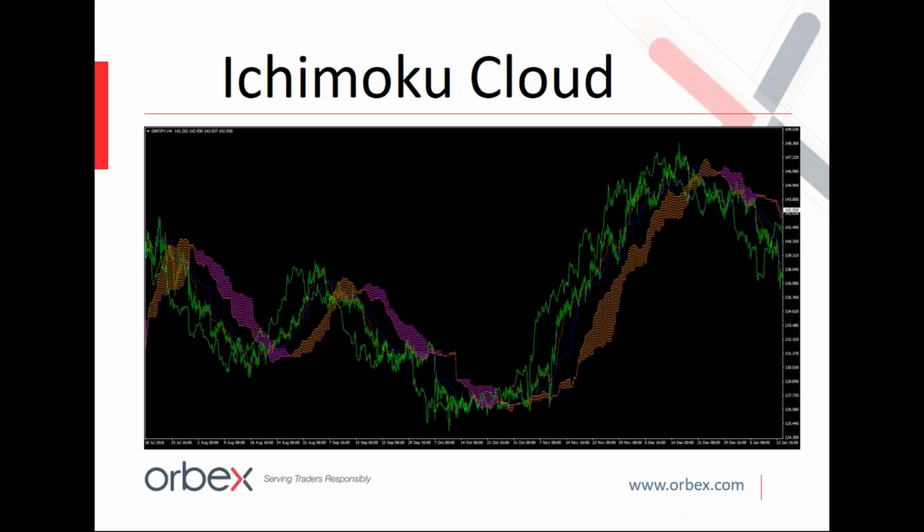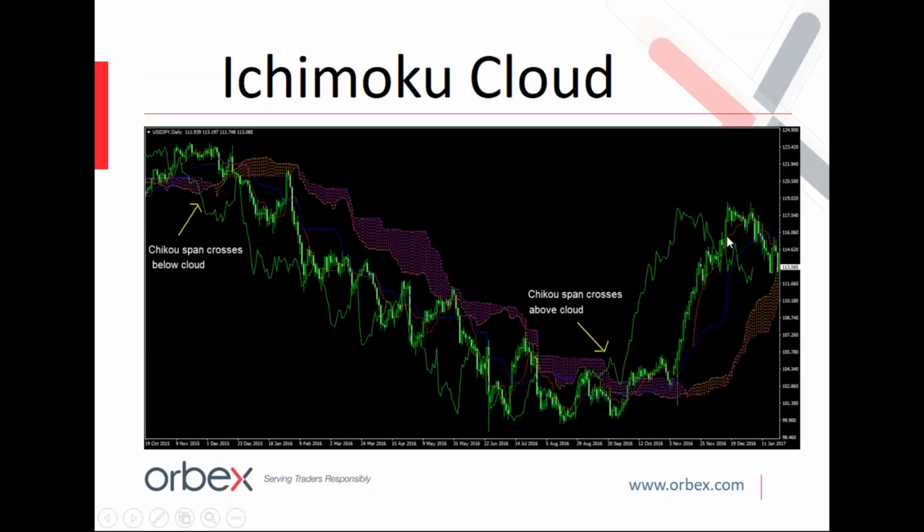So again, this can be a little bit confusing, but you just need to remember that where price is at currently is shown on the indicator 26 periods ago. So you can see this high here, Chikou span is showing that high over here 26 periods ago, and then this low where we are currently again is shown 26 periods ago.